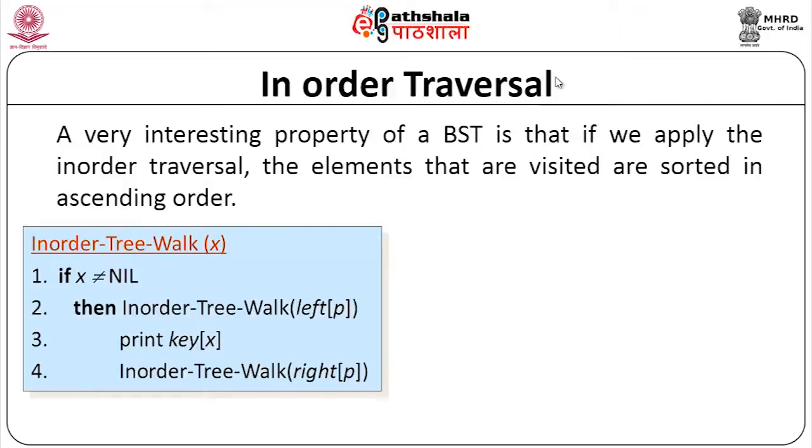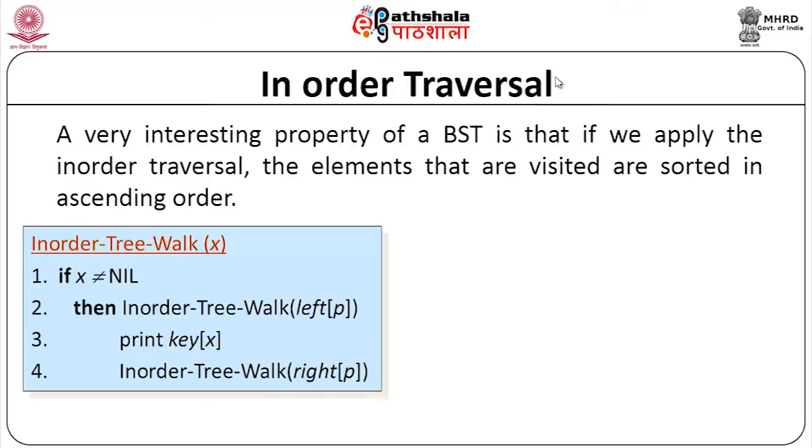Let us look at the algorithm, in-order tree walk x. Here x is the root node. If x is not equal to null, then, since this is a recursive algorithm, you do the in-order tree walk of the left of x, print the key, and then do the in-order traversal of the right of x. If it is null you cannot do anything. Every time you do the in-order traversal, you finish the left side, do the root, then the right.